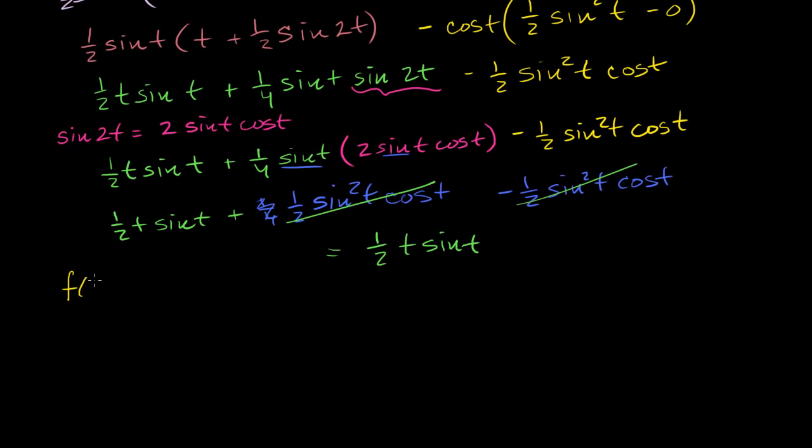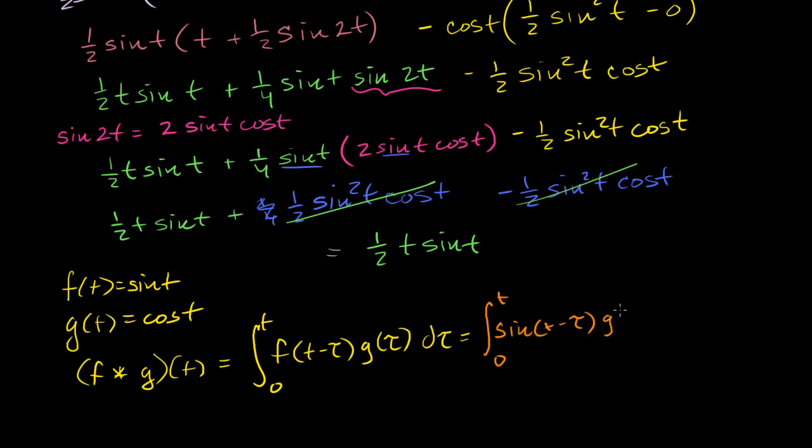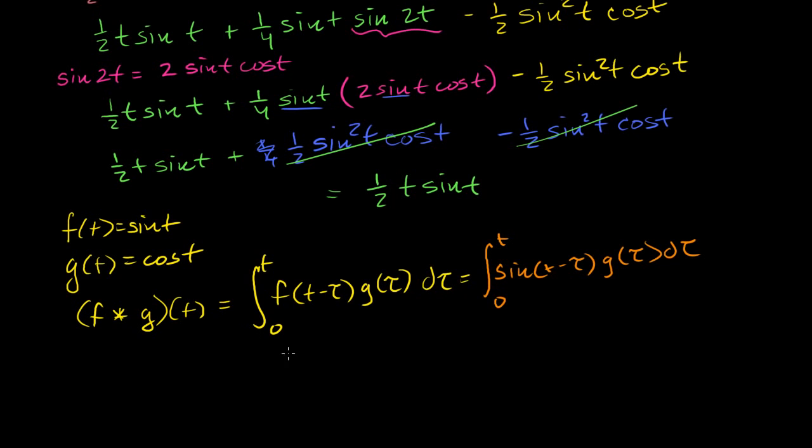If we write that f of t is equal to sine of t, and g of t is equal to cosine of t, I just showed you that the convolution of f with g, which is a function of t, which is defined as the integral from 0 to t of f of t minus tau times g of tau d tau, which was equal to the integral from 0 to t of sine of t minus tau times g of tau d tau, that all of this mess, all of this convolution, and this is pretty satisfying, it all equals 1/2 t sine of t.